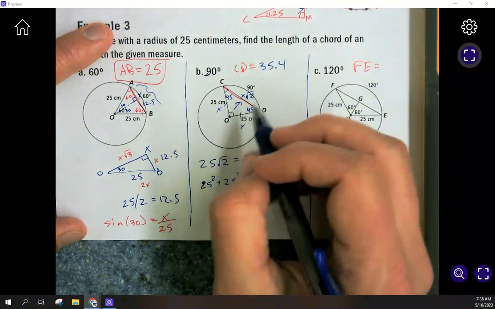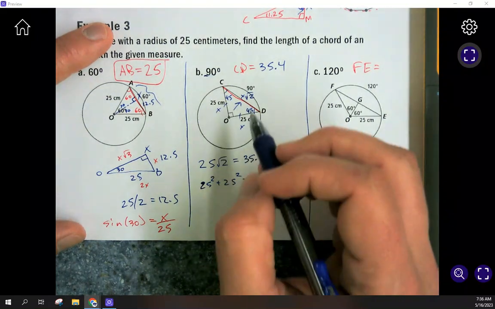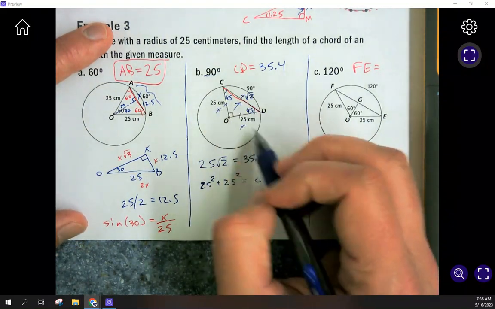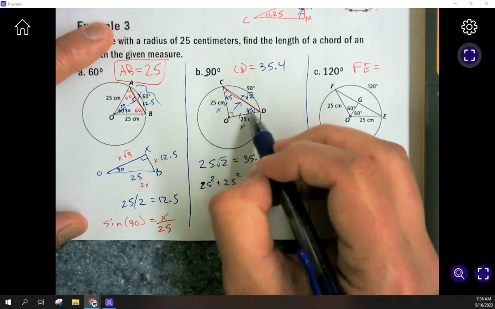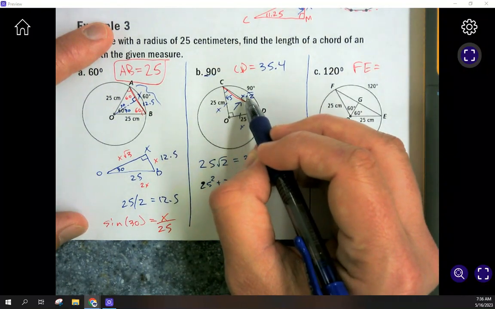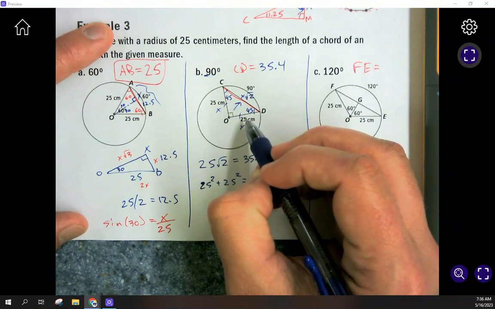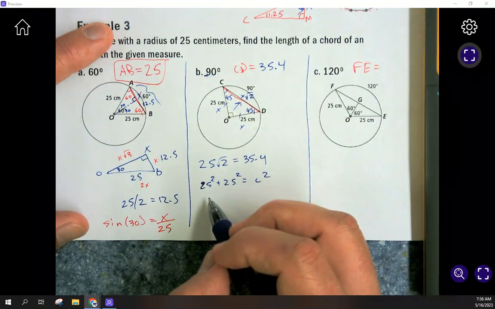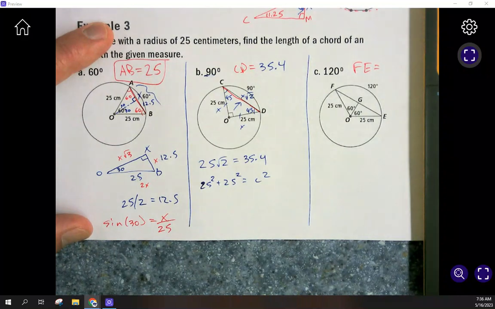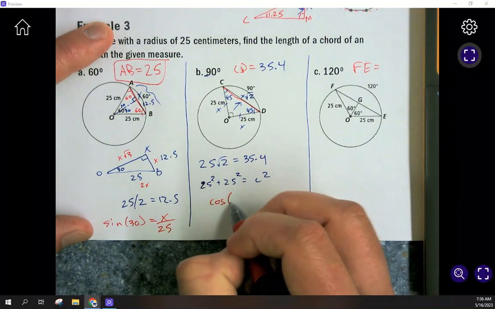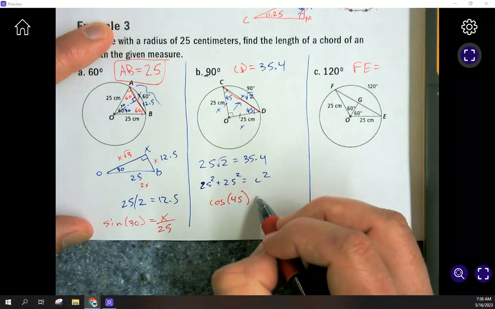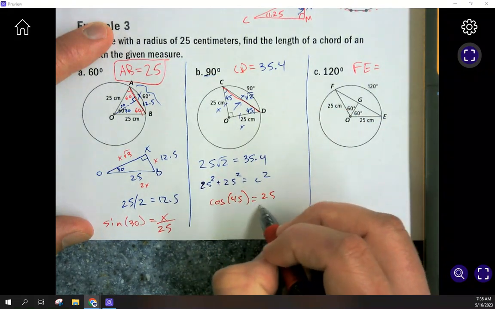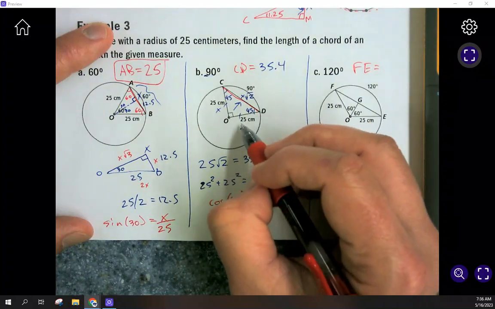You could also, if you recognize it's a 45, 45, but you're just not comfortable using the x radical 2, say, okay, so from my 45, I've got the opposite and the hypotenuse, or the adjacent and the hypotenuse. So let's use cosine just to change it up. Cosine of 45, the adjacent would be 25, and we'd be looking for the hypotenuse, adjacent over hypotenuse.